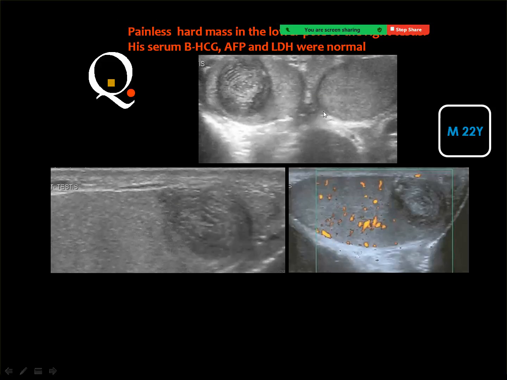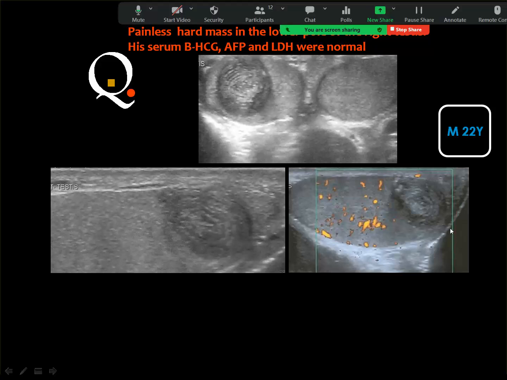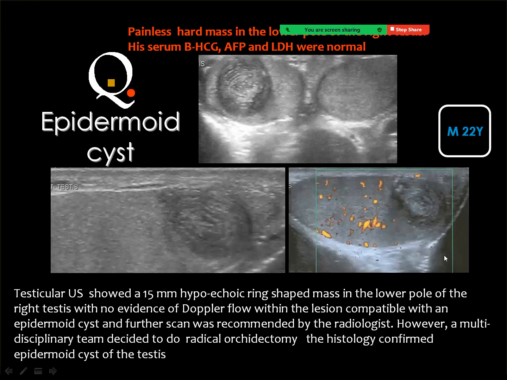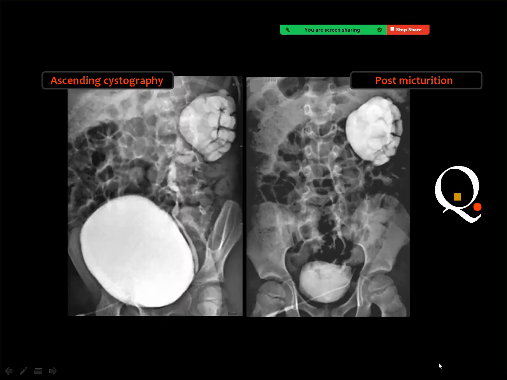This very characteristic whorly appearance of a testicular lesion that is not vascular and does not cause any symptoms is very characteristic for testicular epidermoid cyst.